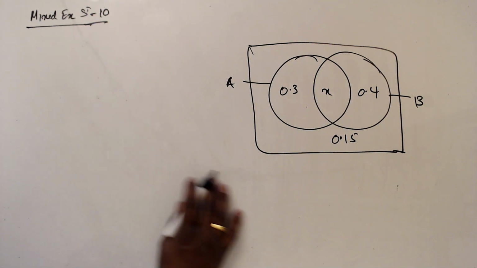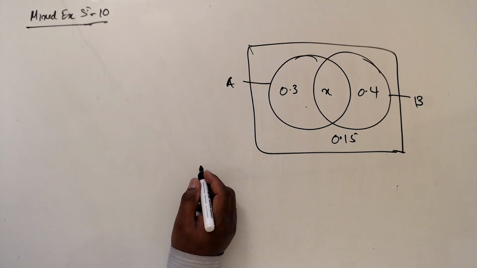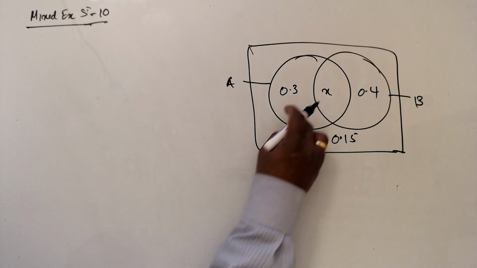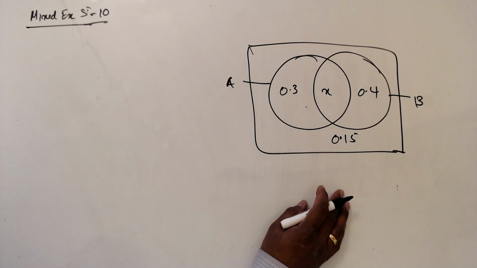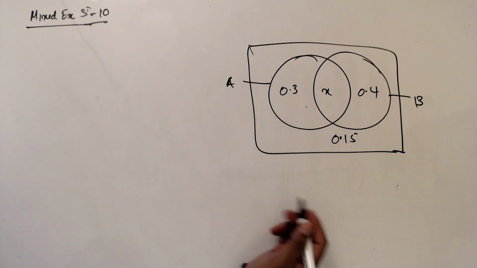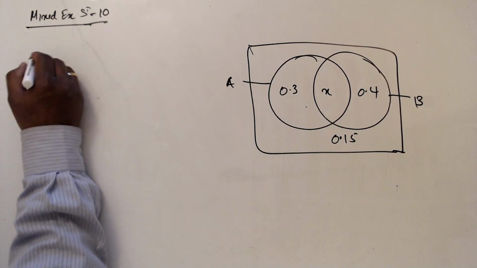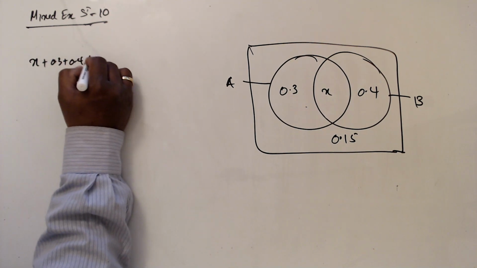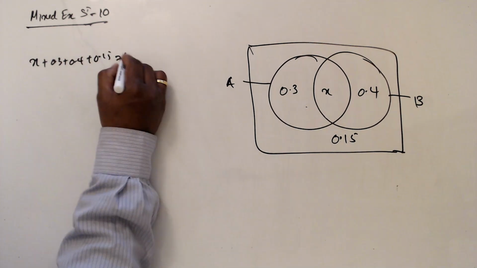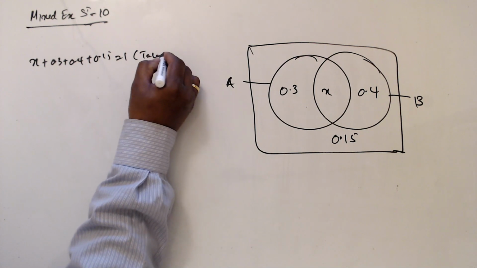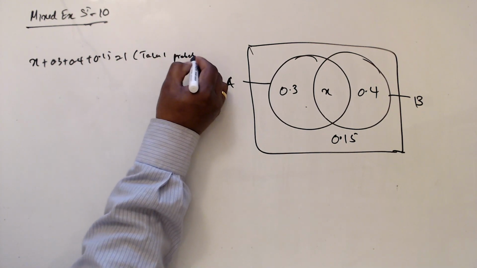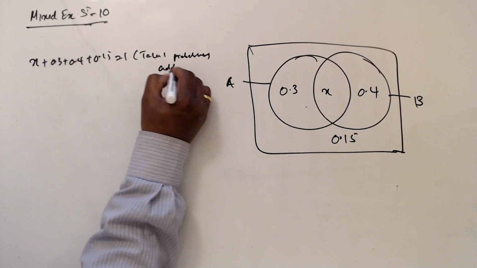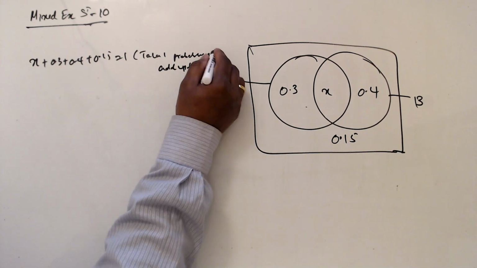Question number 10. Here we want to decide whether A and B are independent. So 1, 2, 3, 4, only 4 areas we have and one unknown. So we can easily work out x plus 0.3 plus 0.4 plus 0.15 equals 1. Total probability adds up to 1.